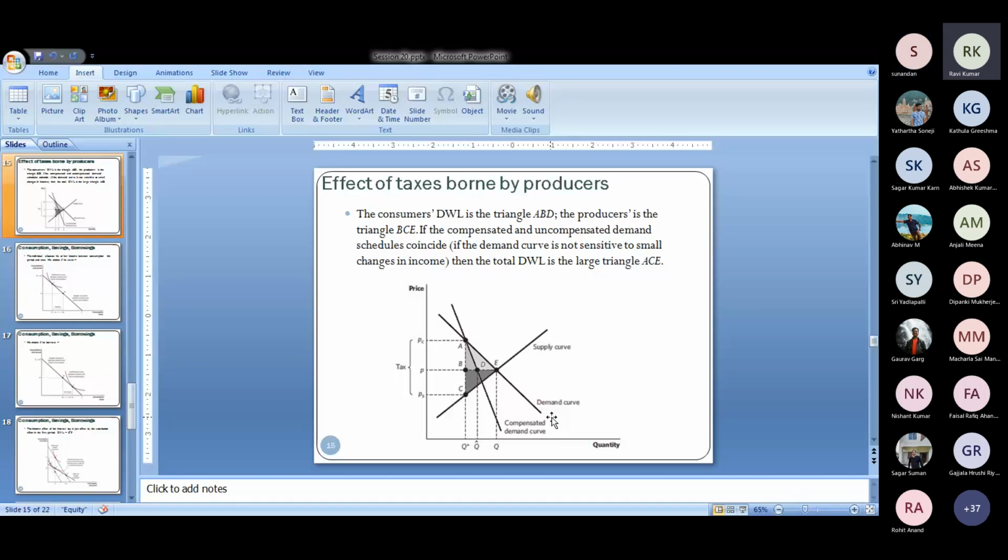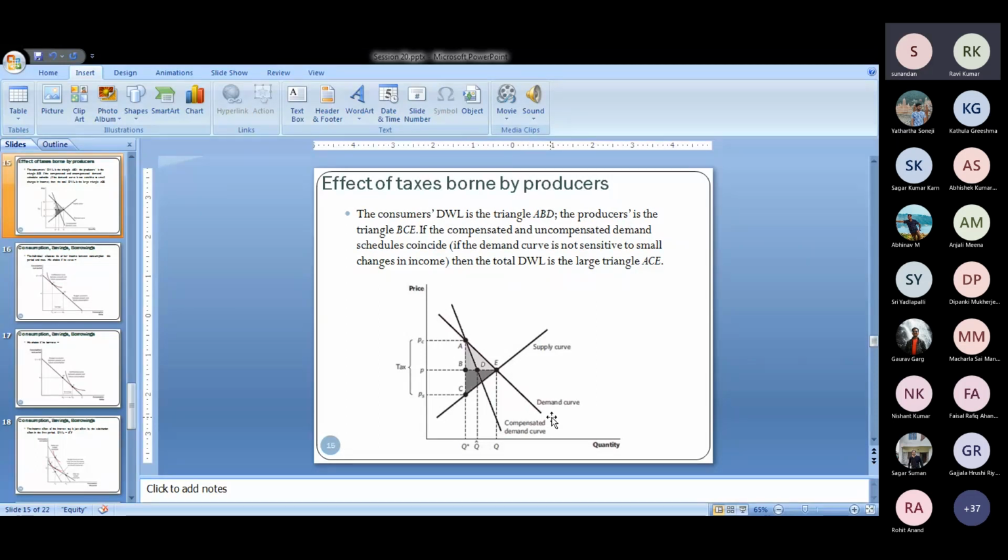And what I see, post tax, the price of the commodity that the consumer has to pay has gone up to P subscript C. And because the producer also bears a portion of this tax, the price that the producer gets post tax is P subscript S, such that the difference, PC minus PS, is the tax rate.